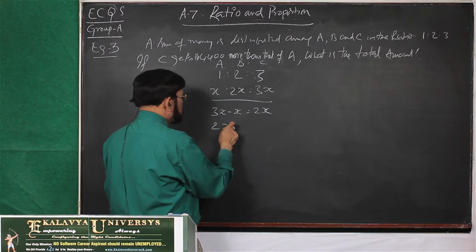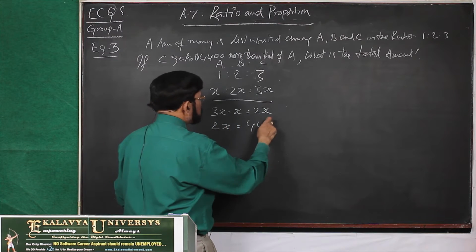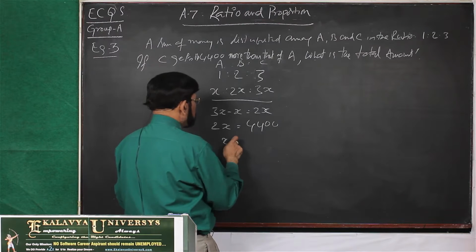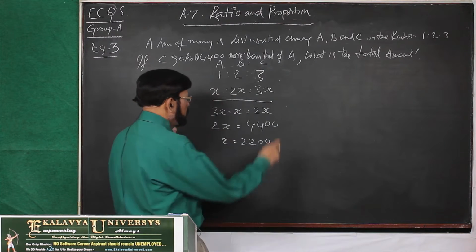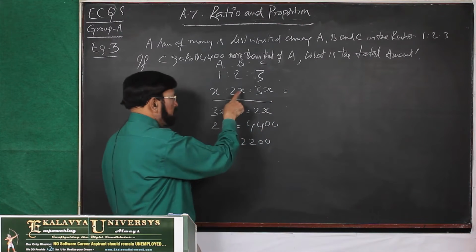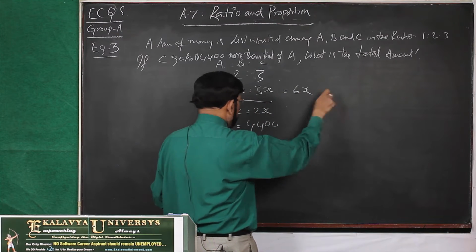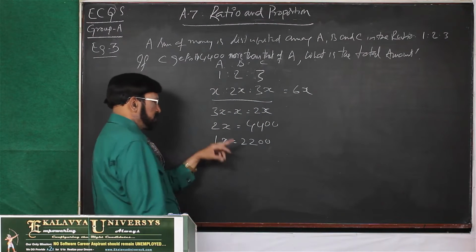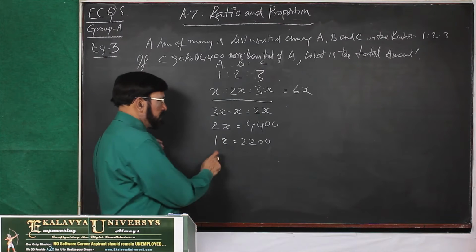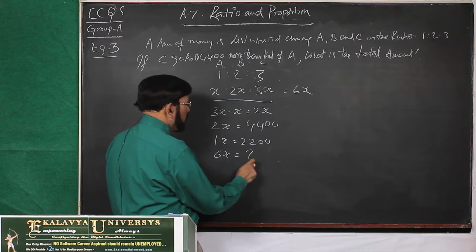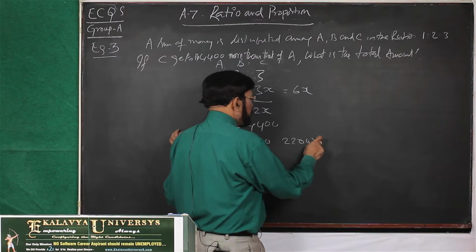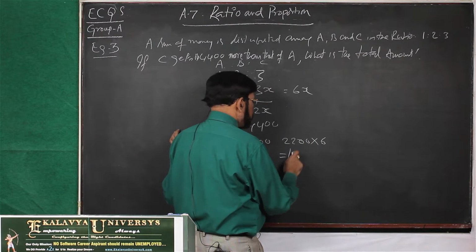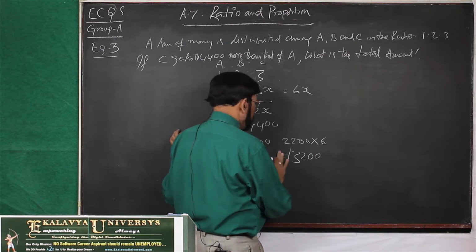So, 2x is equal to 4,400. x is equal to 2200. Totally, how many units are there? 1 plus 2 plus 3, 6x. So 1x is equal to 2200. 6x is equal to how much? So 6 times 2200, that is 13,200 rupees.